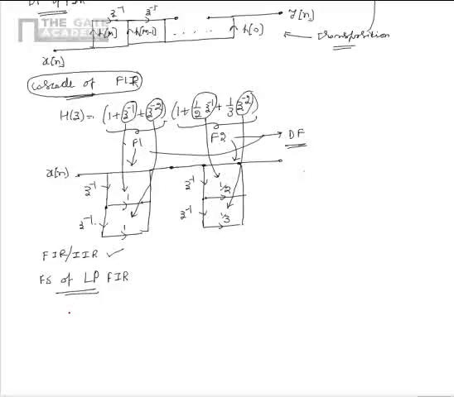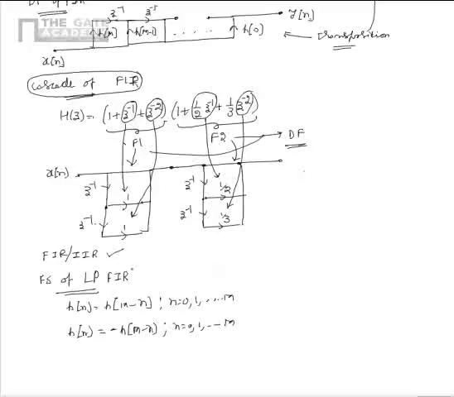Let us consider a linear phase FIR system which satisfies the symmetry conditions as shown, that is h of n is equal to h of capital M minus n, where n runs from 0, 1, and so on till M. Another form of linear phase FIR filter possible is h of n is equal to minus h of M minus n, where n runs from 0, 1, and so on till M.